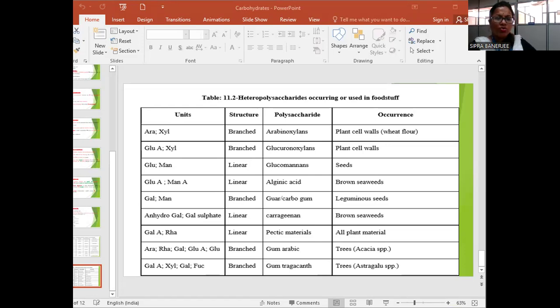Next, monosaccharide glucose, dextrose or blood sugar. That is the primary fuel of the body, found in all disaccharides and polysaccharides. Any food is converted to glucose to produce energy. Fructose is a fruit sugar. We can find it in fruits like mango and banana, and also in honey and syrup.